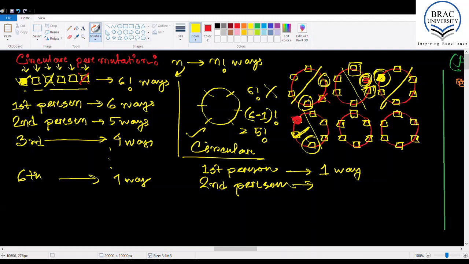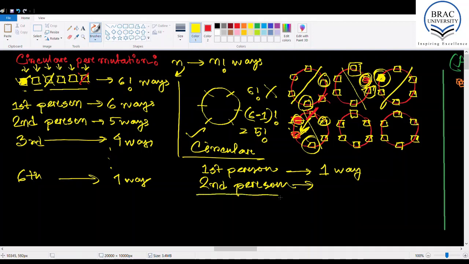And if the second person changes his position, like here, he will get 2 empty seats on 2 sides, here and here, and he will see the first person right here. So after the first person is seated, the second person can change his position, and for each change he will get a different view. It means for each different option he will see or create different permutations.